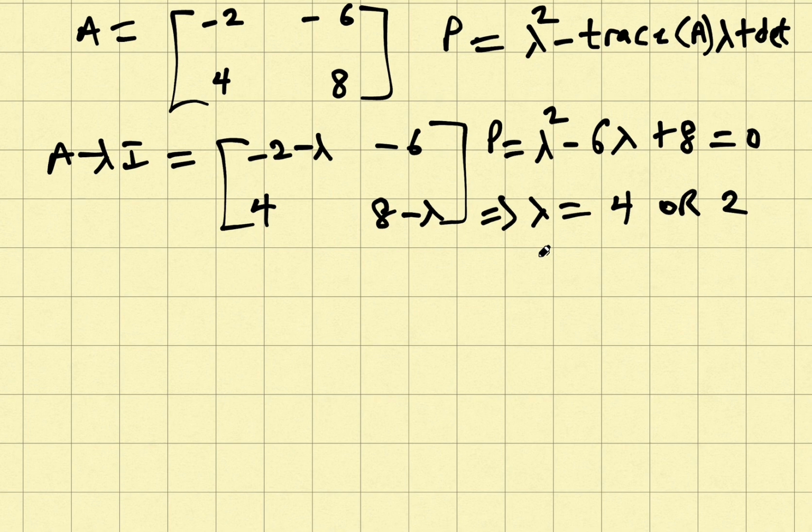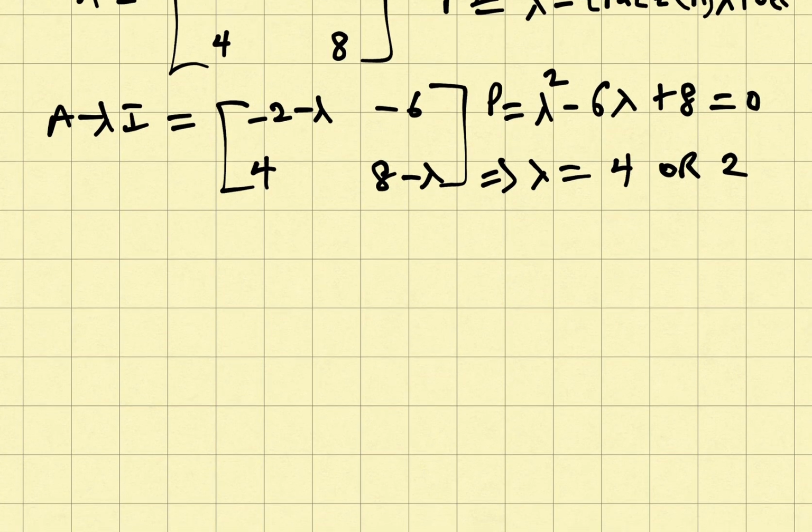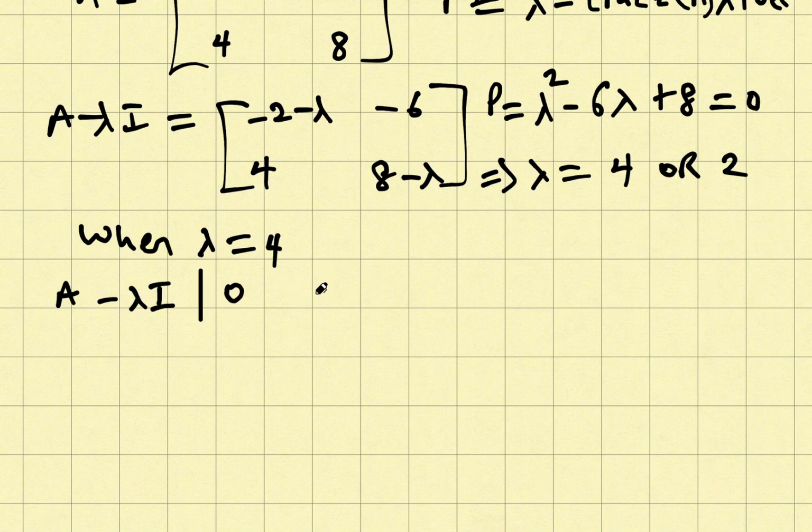And how do you solve that kind of system? So let's see. I'm going to compute A minus lambda I for when lambda equals 4. Don't forget I said that we'll augment A minus lambda I with the 0 matrix.